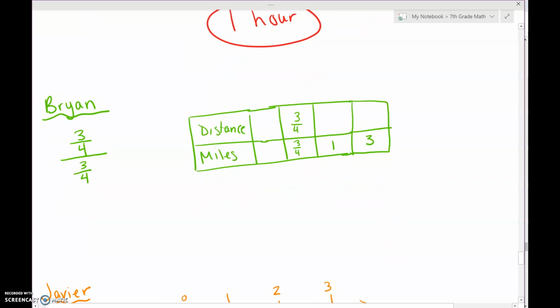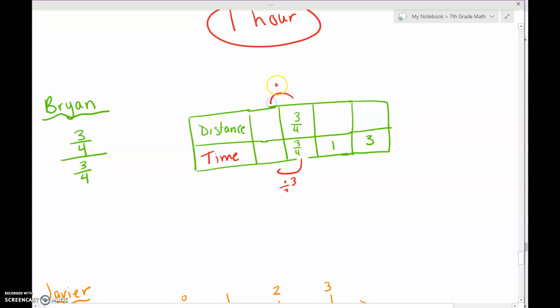So Brian, we know his distance is 3/4, and we know that his miles, his distance, I have distance and miles there. How about distance and time? So we know that his distance that he goes in 3/4 of an hour is 3/4 of a mile. Well, I got to figure out what 1/4 is. So to go this way, I have to get down to 1/4. So I'm going to divide by 3.